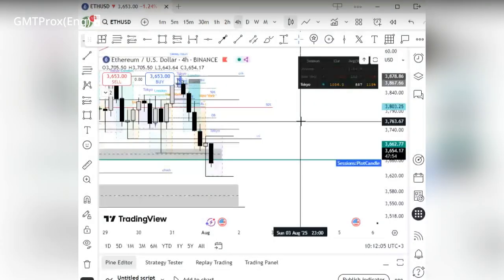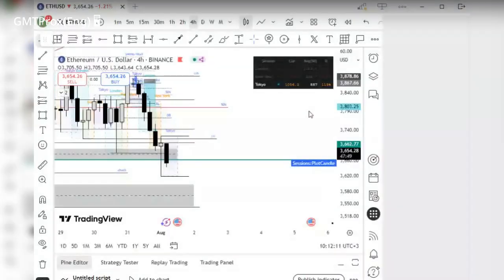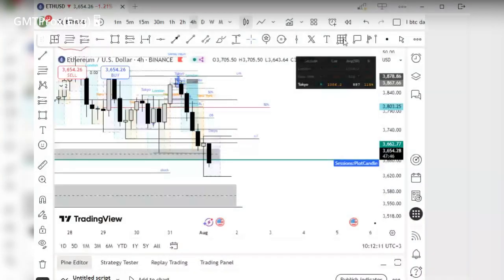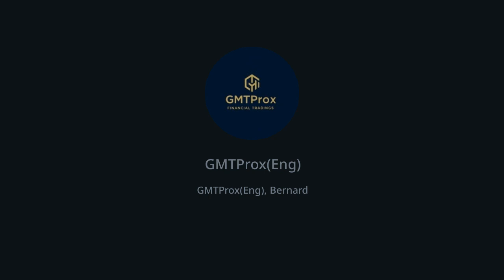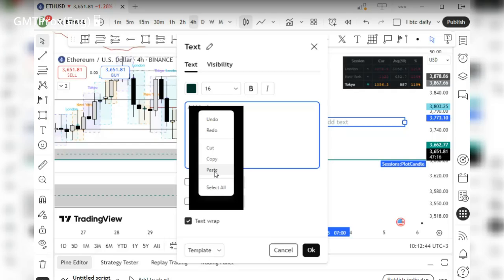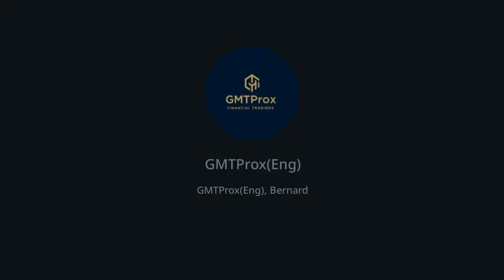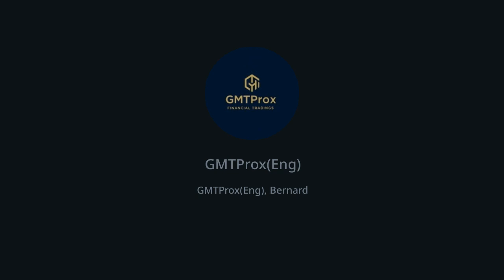The PO3 model we are discussing here, let me share with you, guys, this is what I mean.